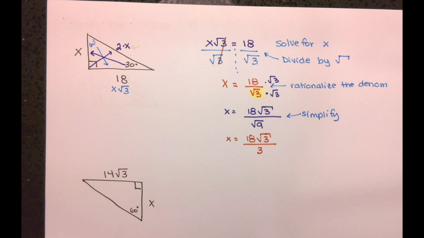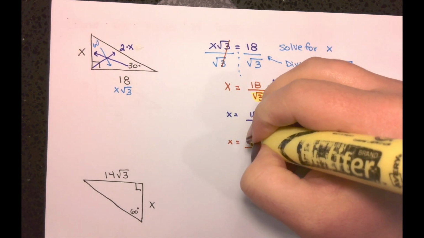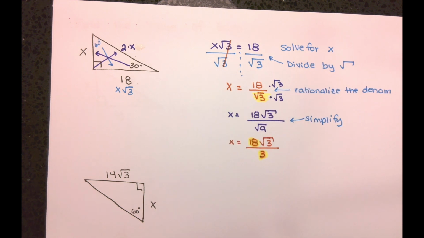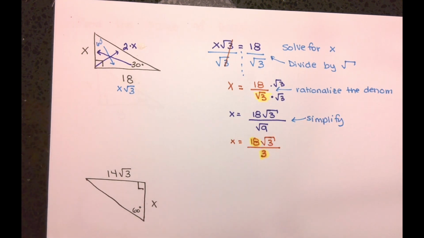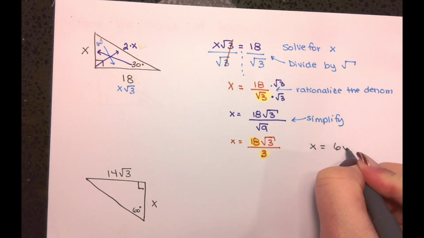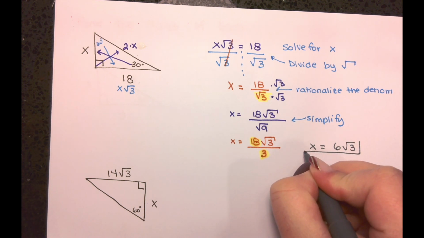Now the 3's cannot simplify, but 18 is not in a house and 3 is not in a house. So we can do 18 divided by 3. What we cannot do is 3 and 3. 3 is in a house, 3 is in a radical. That's not okay. So that means for our X value, we have 6 root 3.